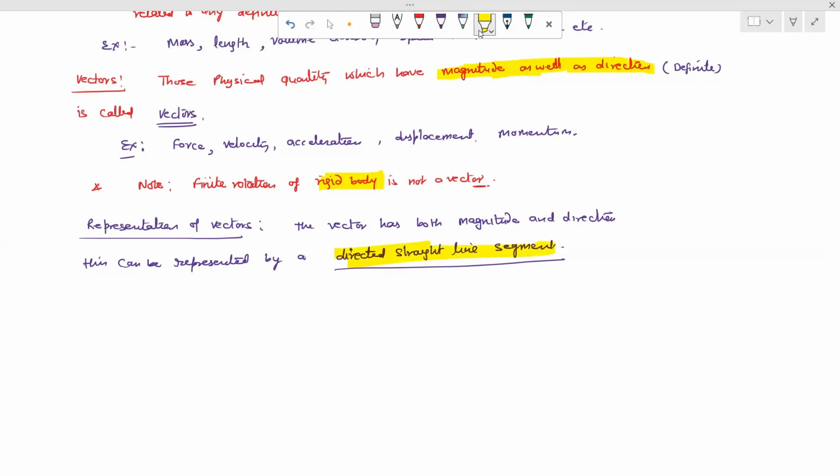So we can take a straight line which has some direction.